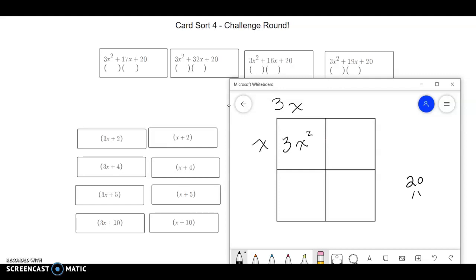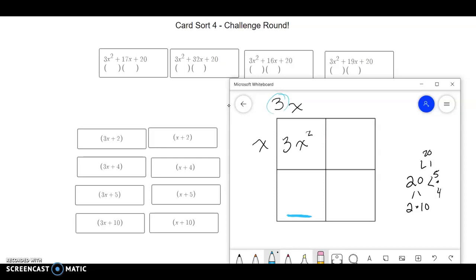Now I have my factors of 20, which is 2 and 10, 5 and 4, 20 and 1, and that's it. So now what's going to happen is I need to make sure whatever this box right here is, I need to 100% make sure that I'm multiplying it by 3.